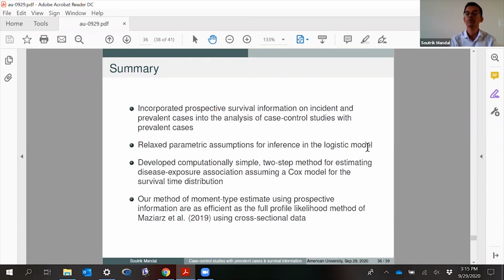And our method of moment type estimate using prospective information is as efficient as the full profile likelihood method of Mazier's using cross-sectional data. So what we lose by using a method of moment type estimate, we gain back using the prospective survival information.